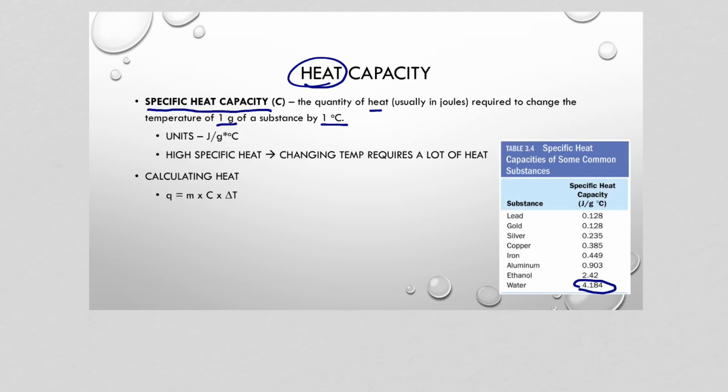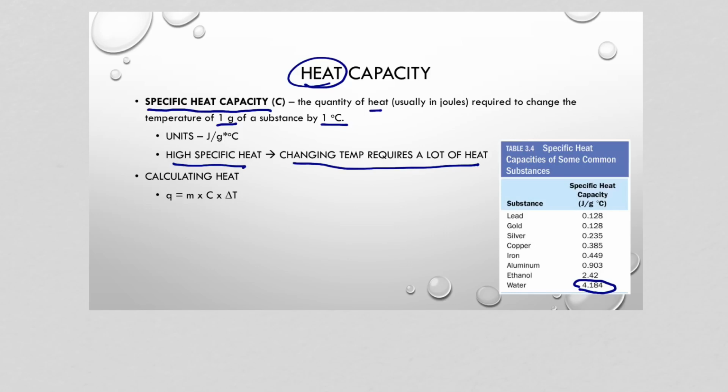And so that's really what the specific heat capacity can help us look at. How hard is it to heat up or cool down particular substances? So again, if I have a high specific heat like water, changing the temperature requires a lot of heat, or we have to lose a lot of heat in order to cool it down.